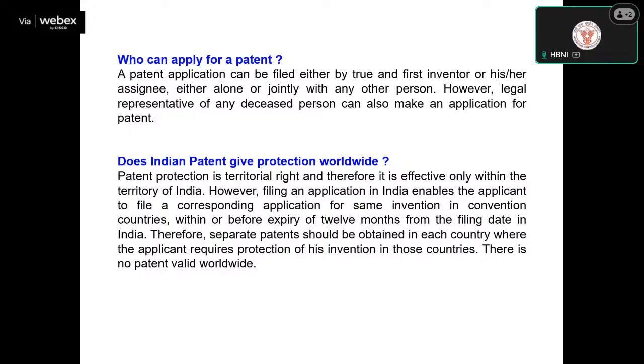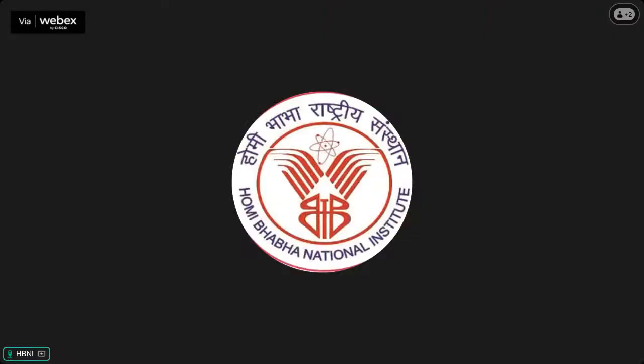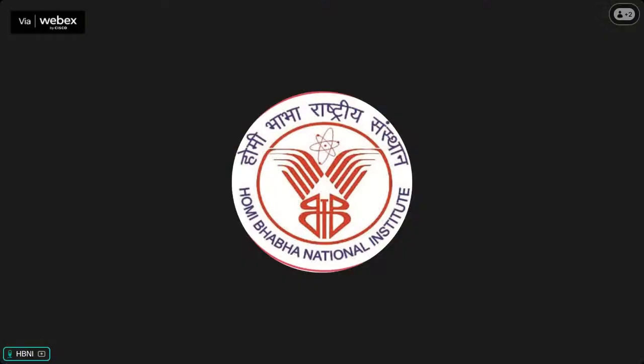However, the legal representative of any deceased person can also make an application for the patent. Let us assume that a person A wanted to have a patent and he has prepared everything, but the person expired during that work.